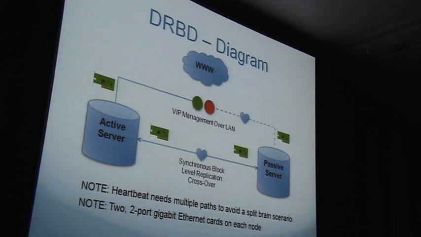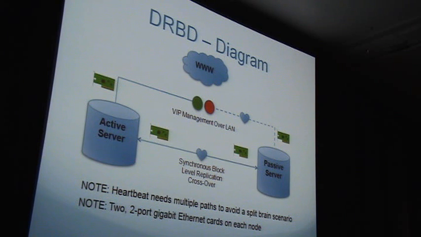So here's our DRBD diagram. Notice the active server, and I do mean active, because all of your reads and writes actually have to be on your active server. The passive server really isn't there for anything other than failover in case of a hardware problem. So I like to think of the active server and the passive server as one server in and of itself, because they're identical copies and you can't really do anything else with your passive server.